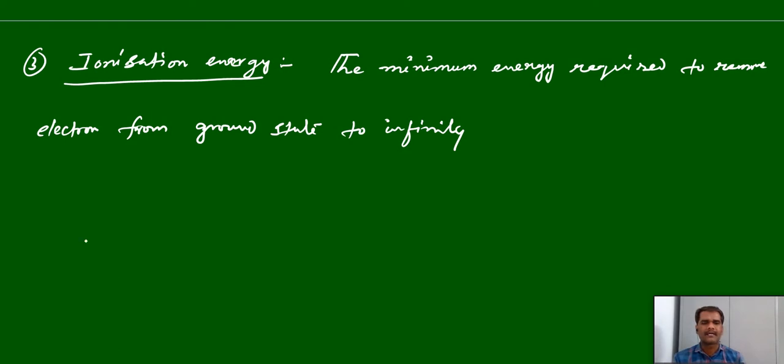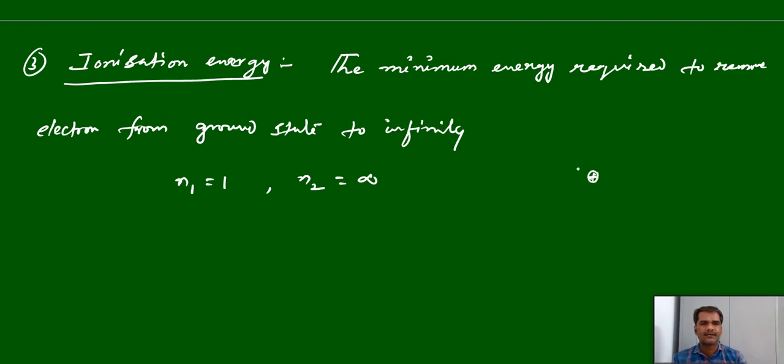That is called ionization energy. So we have to excite the electron from n1, from one shell to the final shell, which is infinity. Here n1 equal to 1 and n2 equal to infinity. So the energy difference between these two shells, that we can call ionization energy.